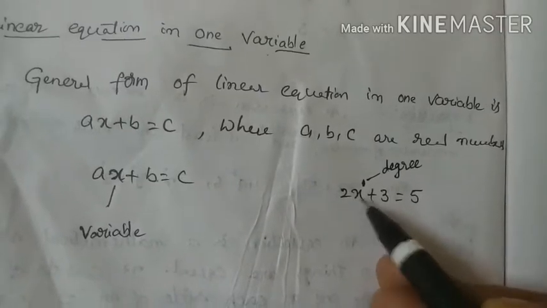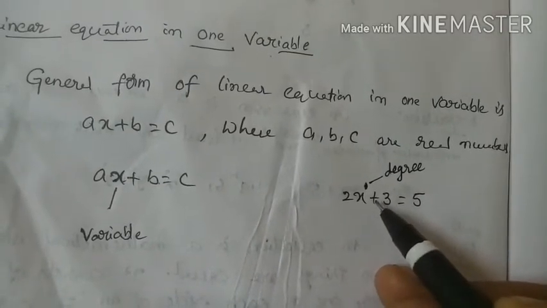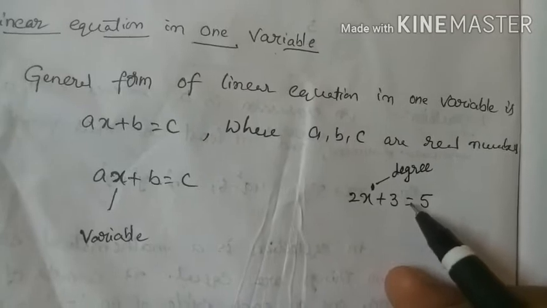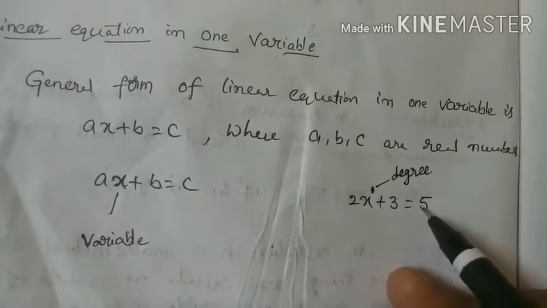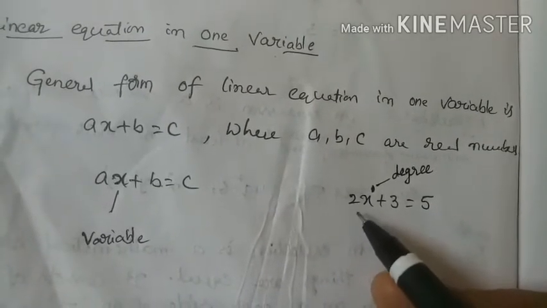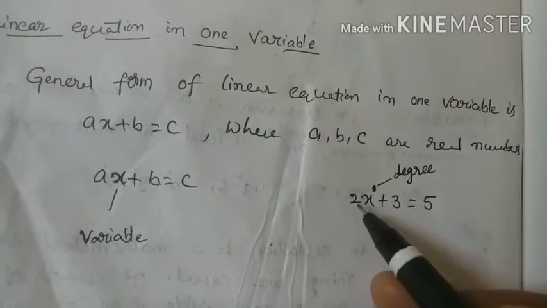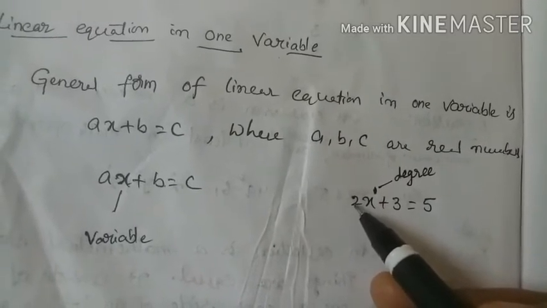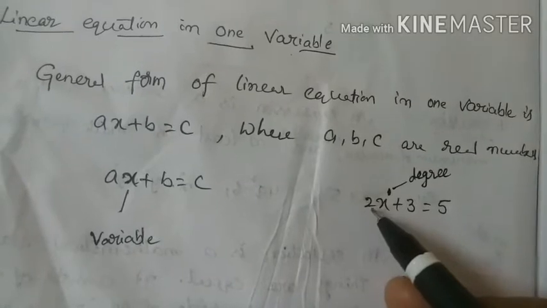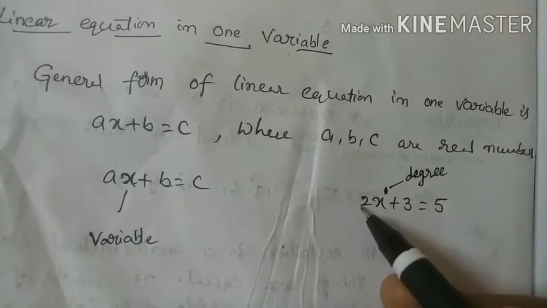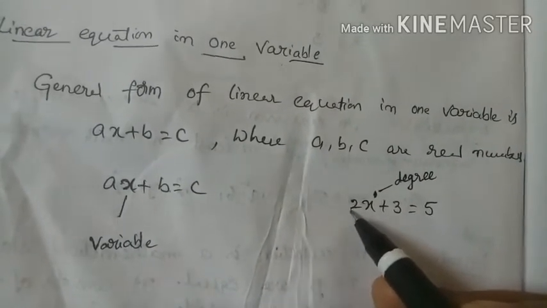Now what is 2 here? This is the variable. This is the plus operator. This is a number, the equal sign, and 5 is also a number. What is this one? I think you are all saying this is also a number. 2 is a number, but it is called a coefficient.